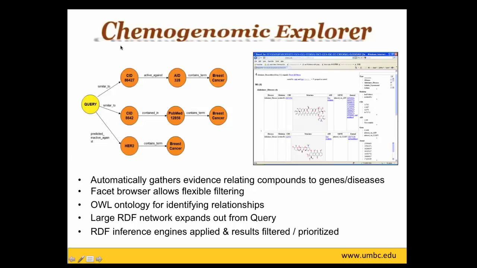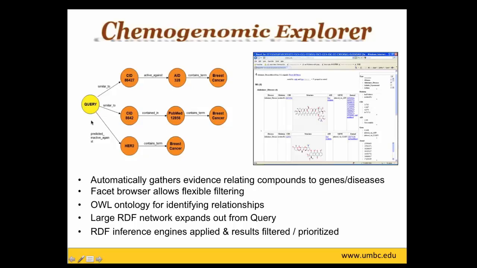For example, I put a flowchart here. We have a query compound. We found the chemical compound is similar to another chemical compound with a PubChem compound ID. And of the two, one is active in a particular assay and one is contained in one of the literature.